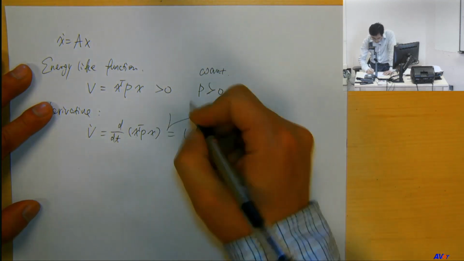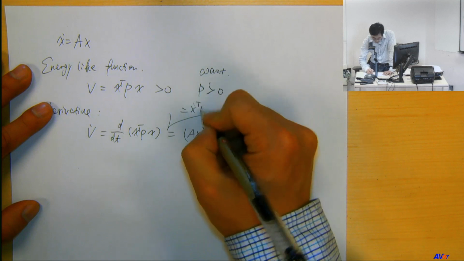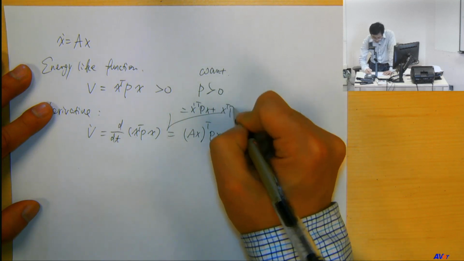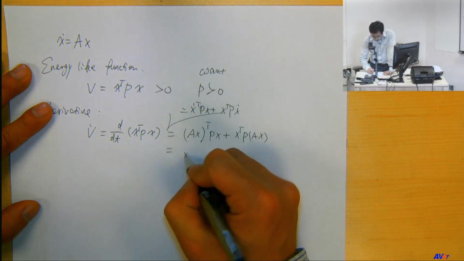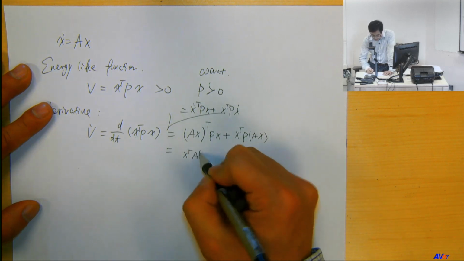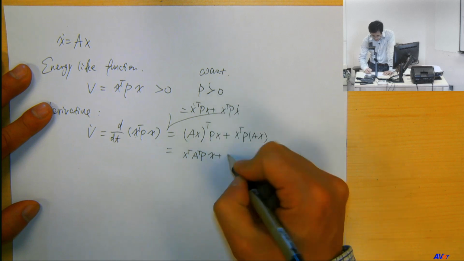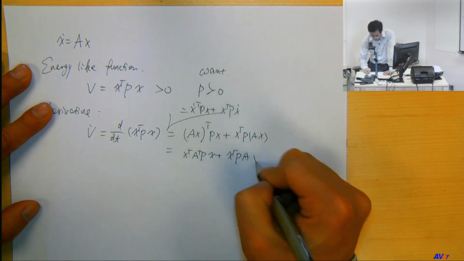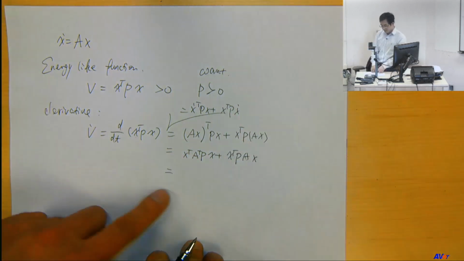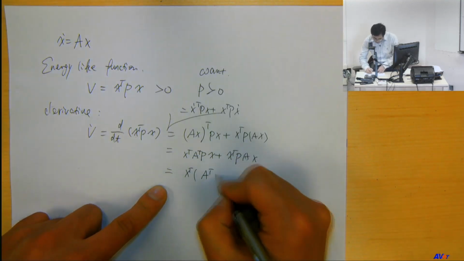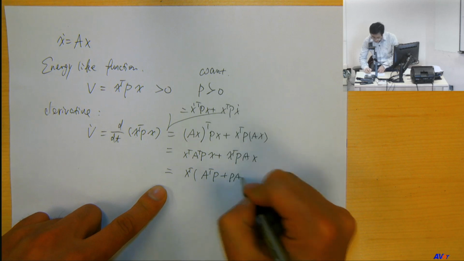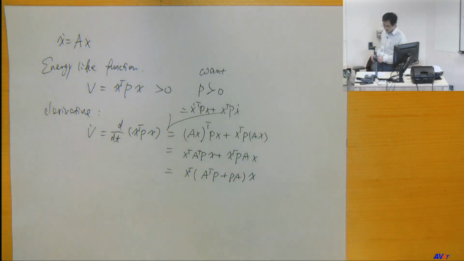So this equals x transpose A transpose Px plus x transpose PAx. Just to multiply things out, you're going to get x transpose (A transpose P plus PA) x.